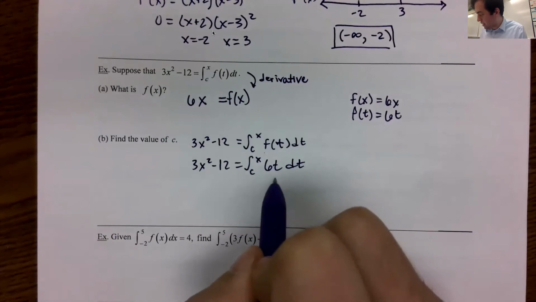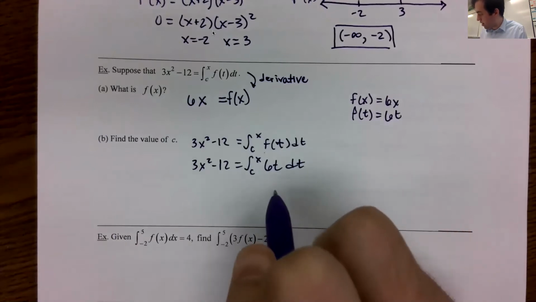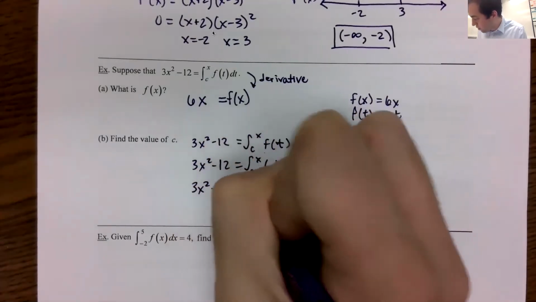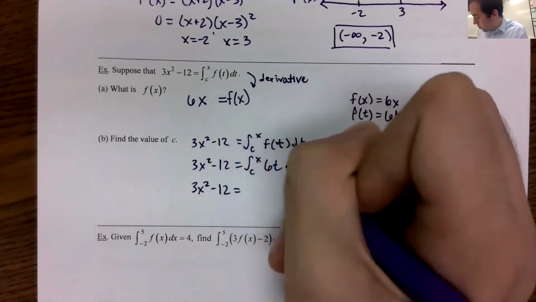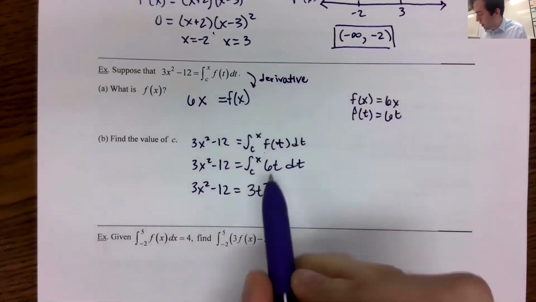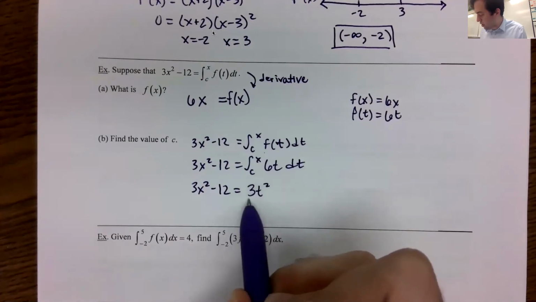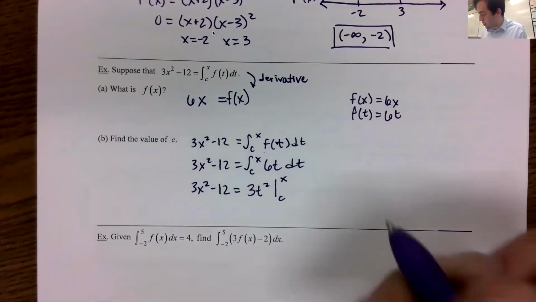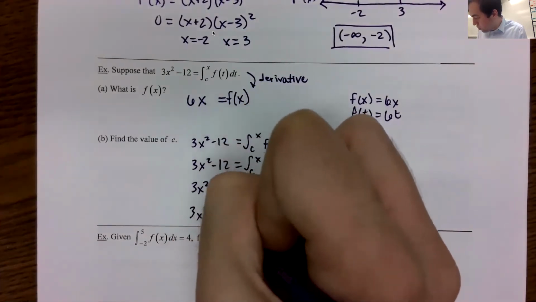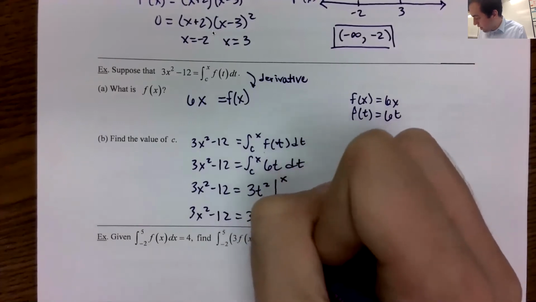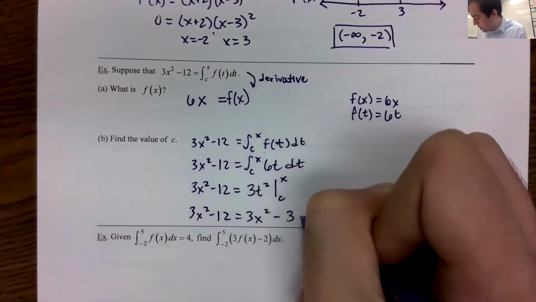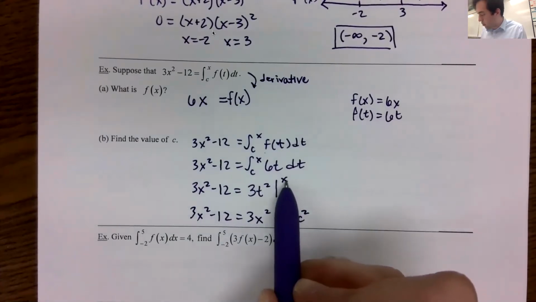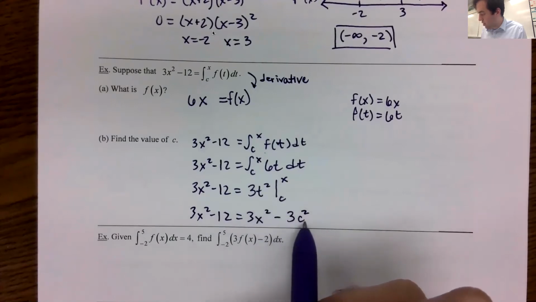So we got 6t dt, so we're going to integrate that, and we end up with t squared over 2, which is going to become 3t squared, right? Because if we do t squared over 2, the 6 over 2 becomes 3. And we're doing that from c to x. So we're going to end up with 3x squared minus 12 equals 3x squared minus 3c squared, because I plugged the x in for t and then I plugged the c in for t and subtracted.